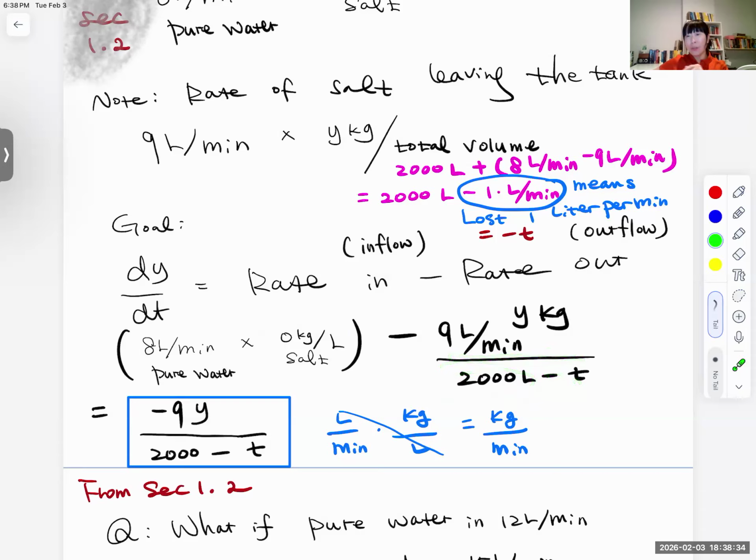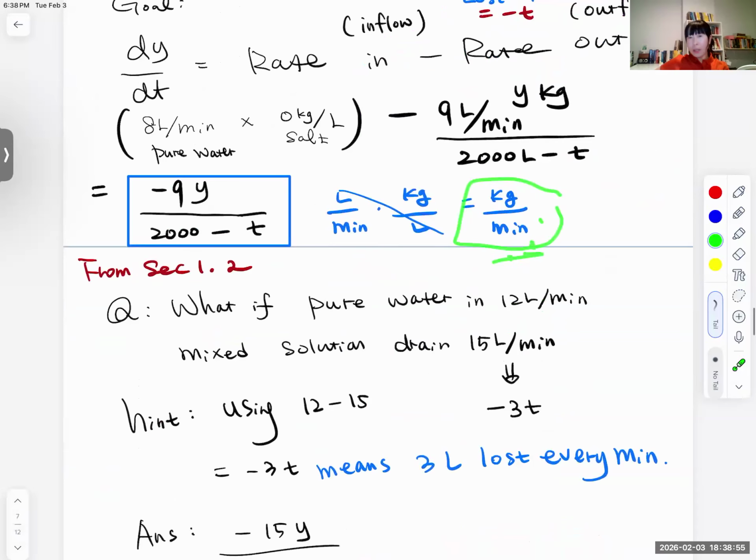The minus t comes from 8 minus 9. We are writing out only the second term, the rate out. That's why we get a negative there. And the unit is kilograms per minute.